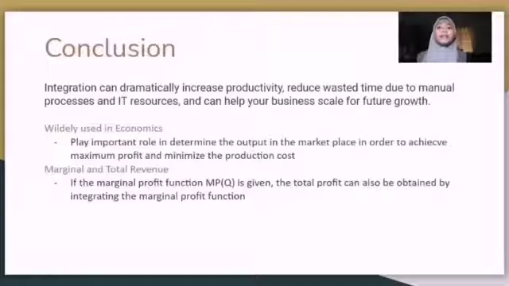Thank you. Integration can dramatically increase productivity, reduce time wasted due to manual processes and IT resources, and can help your business scale for future growth. When you are considering purchasing new software for your business, it is worth the extra time and cost on the front end to ensure that the new software integrates with your current system.